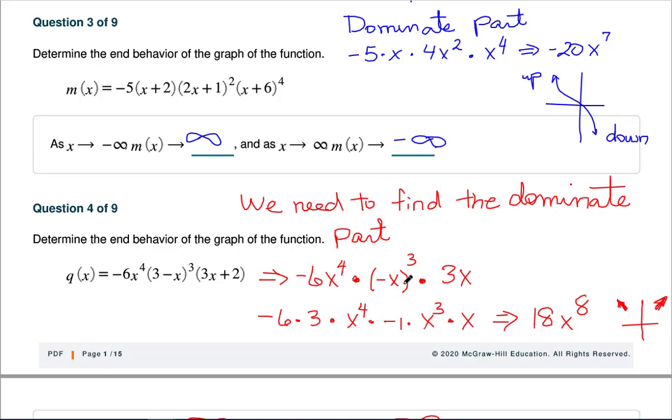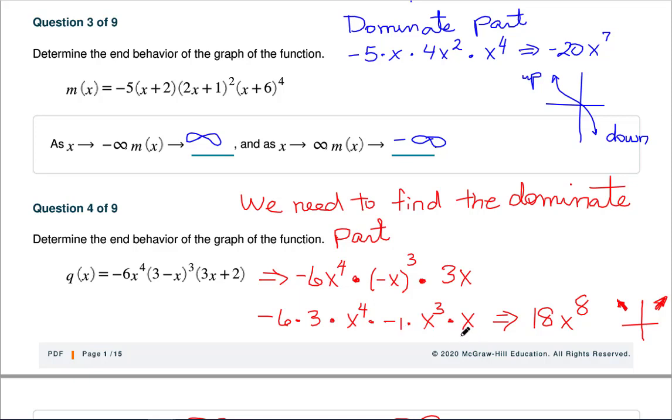Now what about this? Minus x cubed is minus x times minus x times minus x. Well, it's an x cubed because I've got 3 of them. But I've got minus 1 times minus 1 times minus 1, which is a minus 1, and the x on the end.